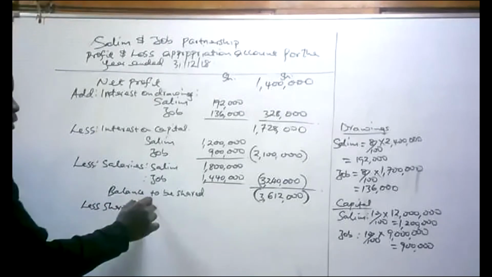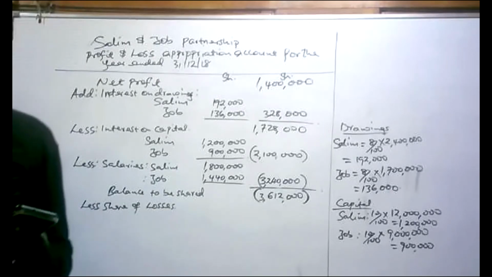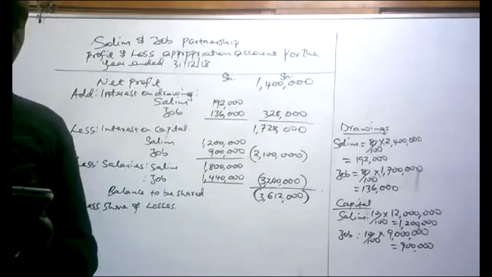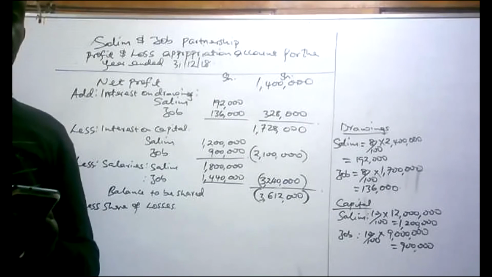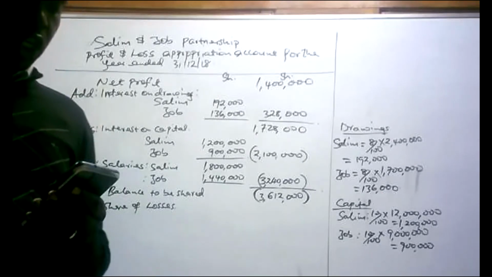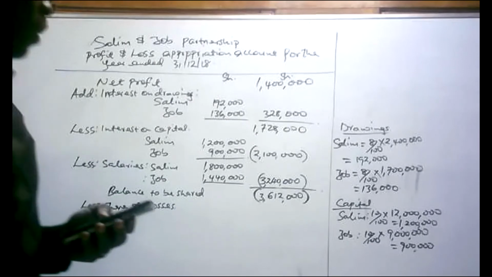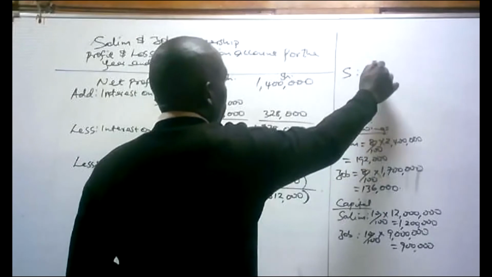Share of losses. Look at Roman 1. Roman 1 tells us that profit and loss sharing ratio is according to the capital contributed. So we have Salim is to Job.